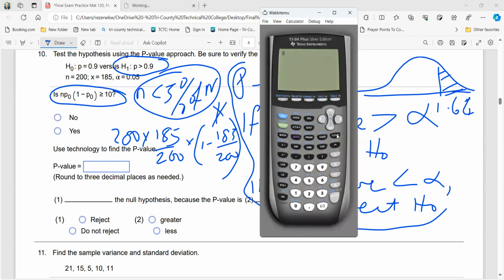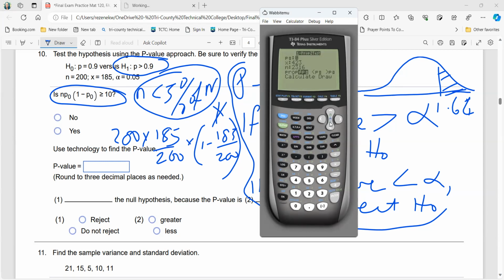The conditions are satisfied. So go to stats, to test, and I'm doing one prop z test. Why one prop z test? Because the conditions for converting from binomial to normal are satisfied. So one prop z test is number 5.